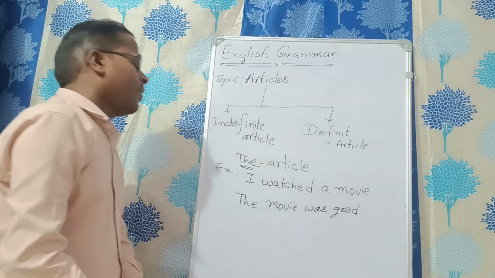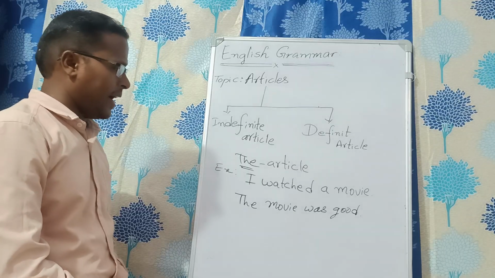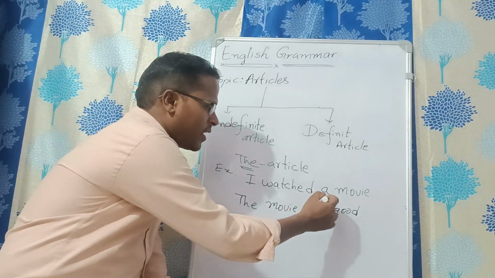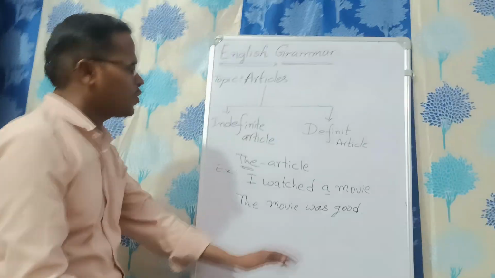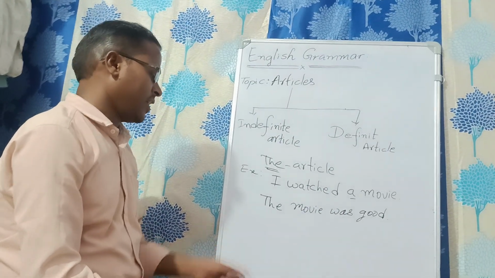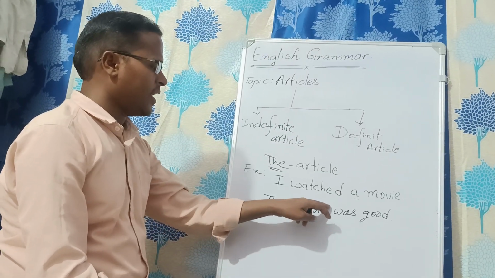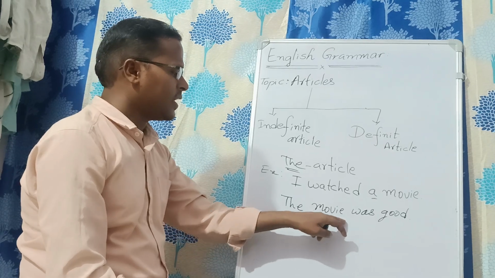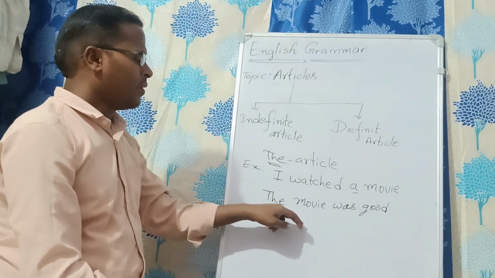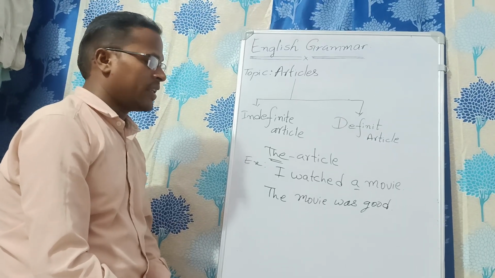See, here you have to identify. First, when I use the singular common noun, I am using an indefinite article before the movie. And when I repeat the singular common noun the second time, I am using the.